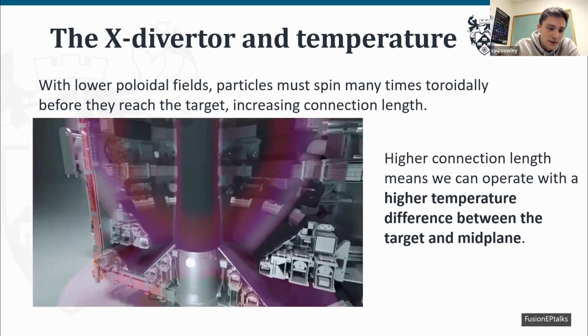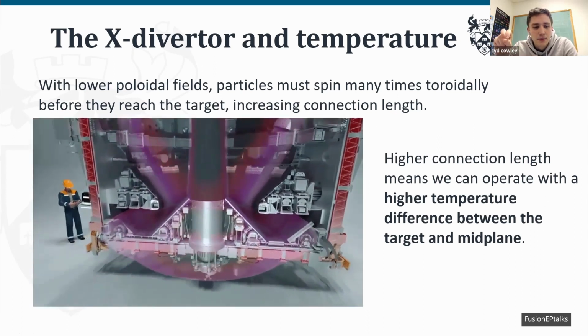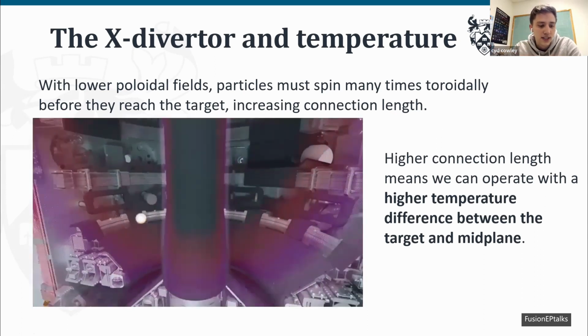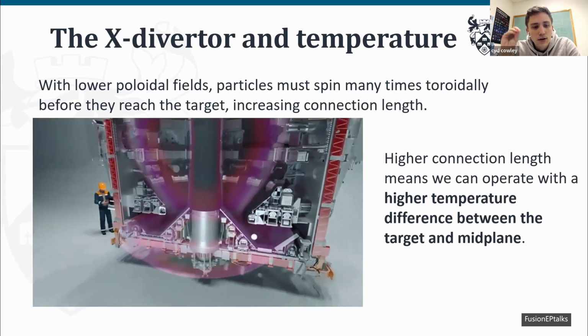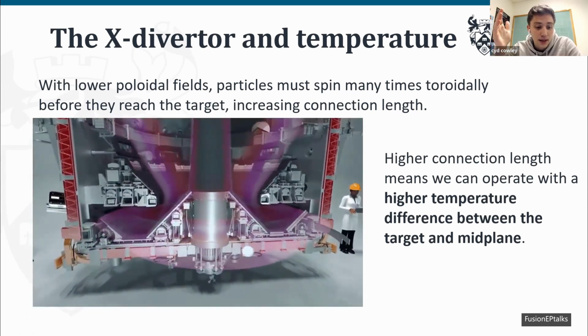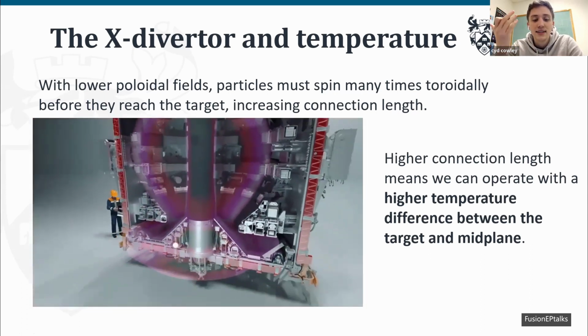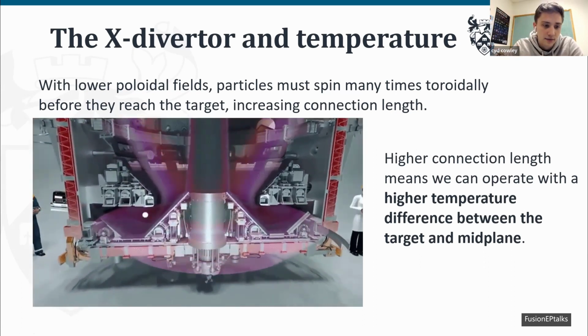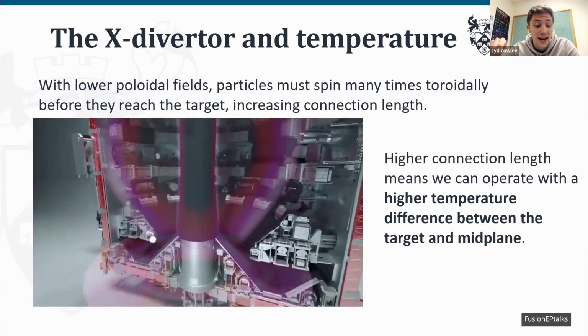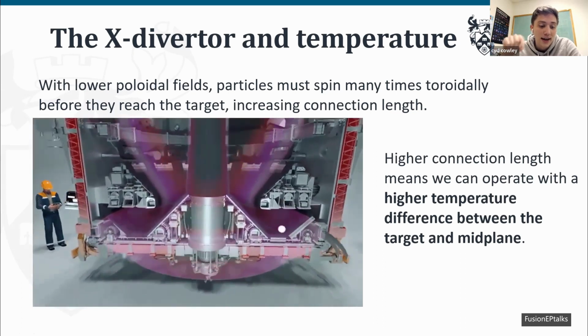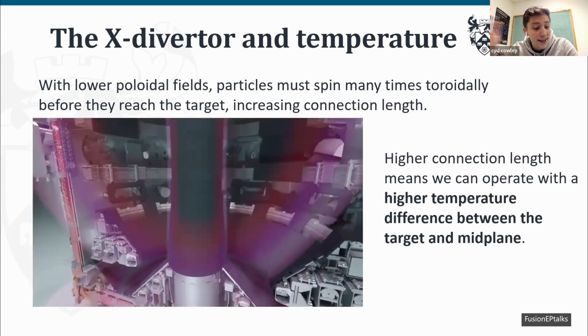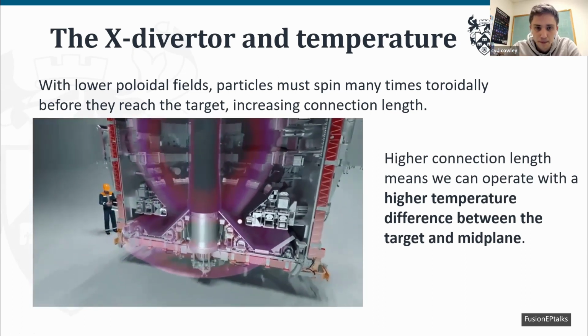A knock-on benefit of this is that for the same target temperature, so if we're trying to achieve the same level of detachment, for example, longer divertors have higher upstream temperatures, and because of that they have higher average pressures in the divertor, and this can lead to actually more radiation. So longer leg divertors can actually radiate more and get you closer to detachment.